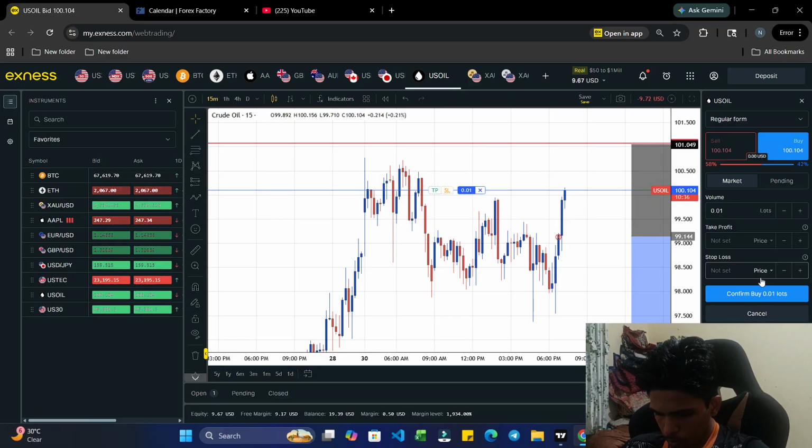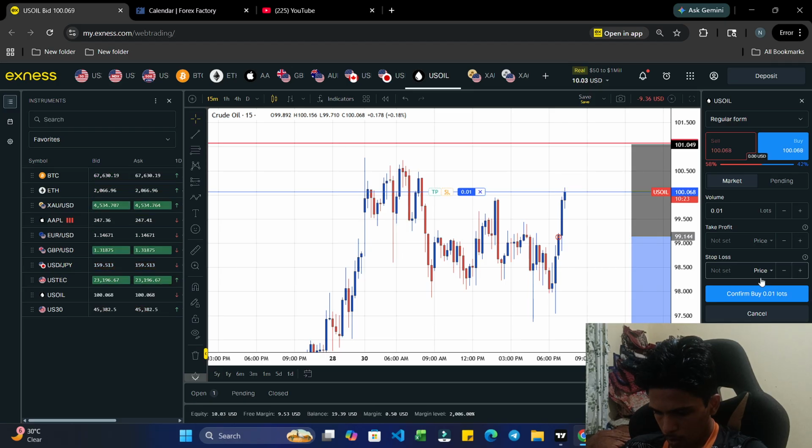Why has the oil been going like this without taking a break from the backside? And even if it's going, it crosses the 100 level again.